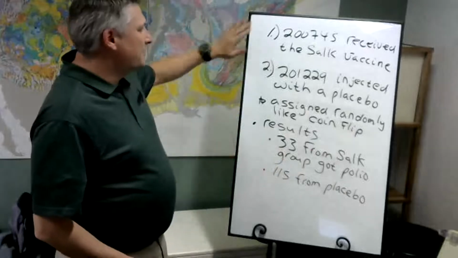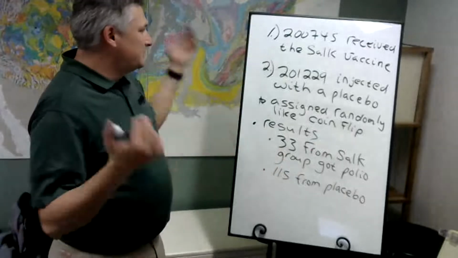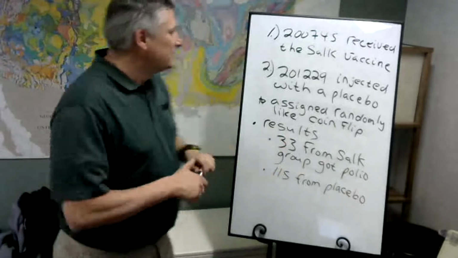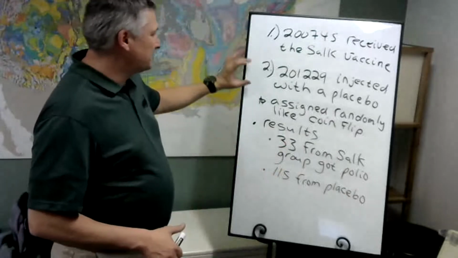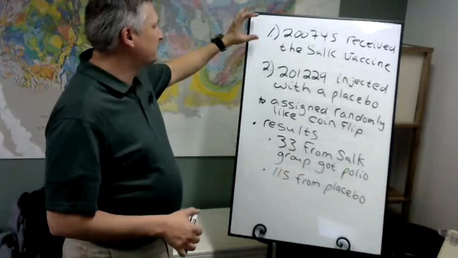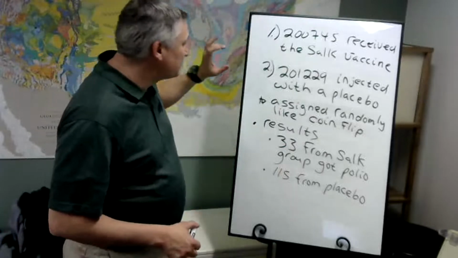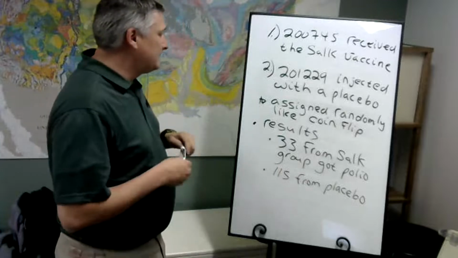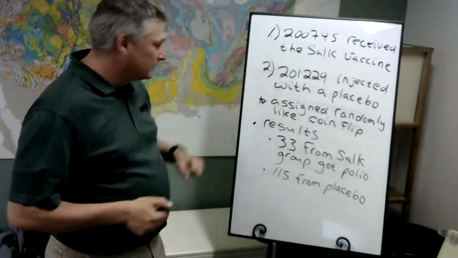Well, if this was 200,000, you would see maybe 100 here and 100 here got polio. Since this group is smaller and this is larger, the number of children who get polio will be smaller than the number in this group, because this group is bigger.